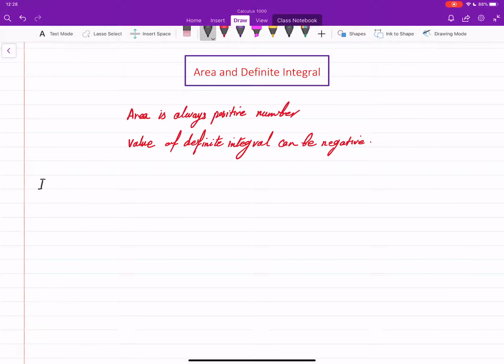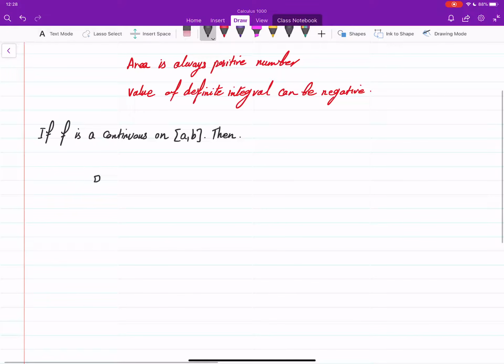Well, so if we have a function, let f be continuous. I take a continuous function because we know that it is integrable, but you can also have functions which are discontinuous on finitely many points on the given interval AB. Then, here is the first thing.